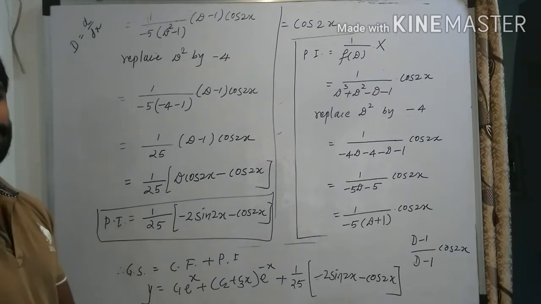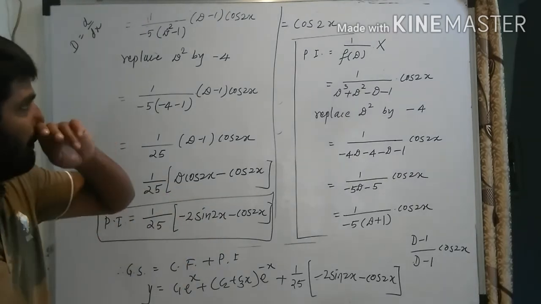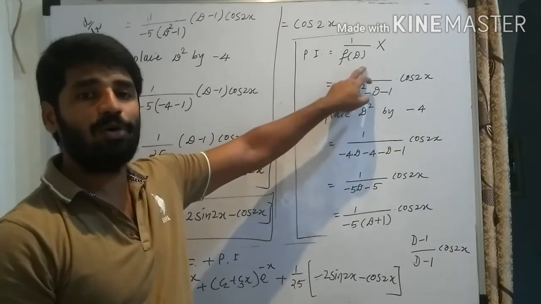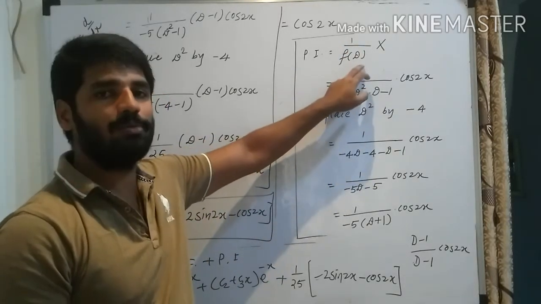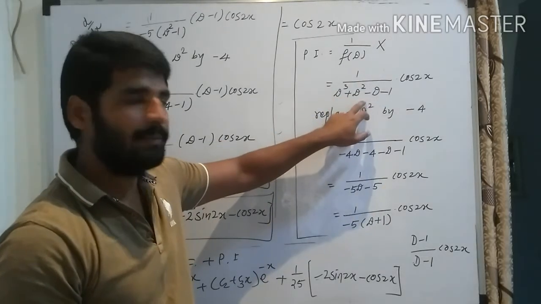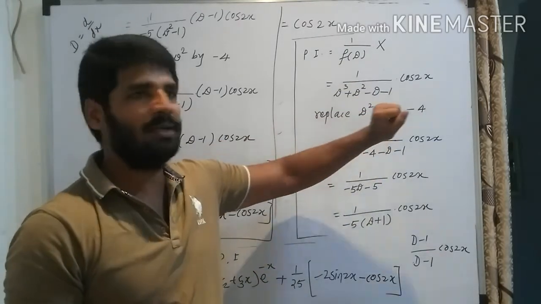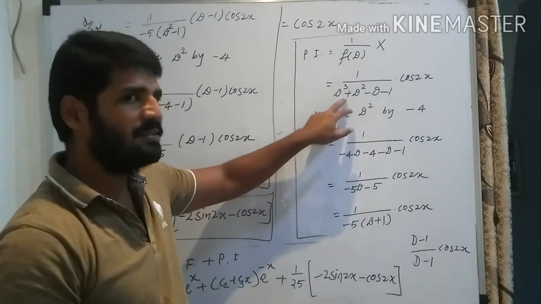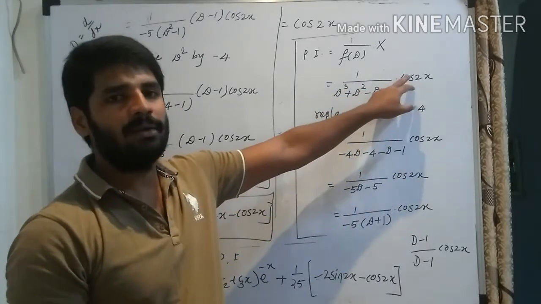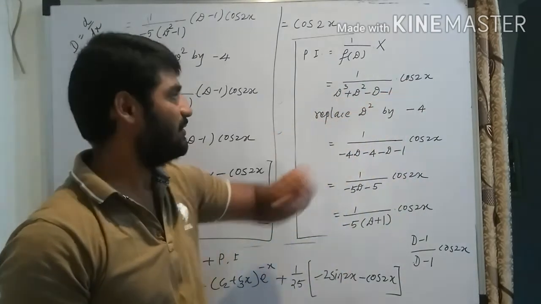See, once again I want to revise this concept of particular integral. First we have to write the formula for particular integral, that is 1 upon f of d into capital X. After that we have to put the value of f of d as well as the value of capital X. So f of d is d cube plus d square minus d minus 1, into capital X, that is cos 2x.